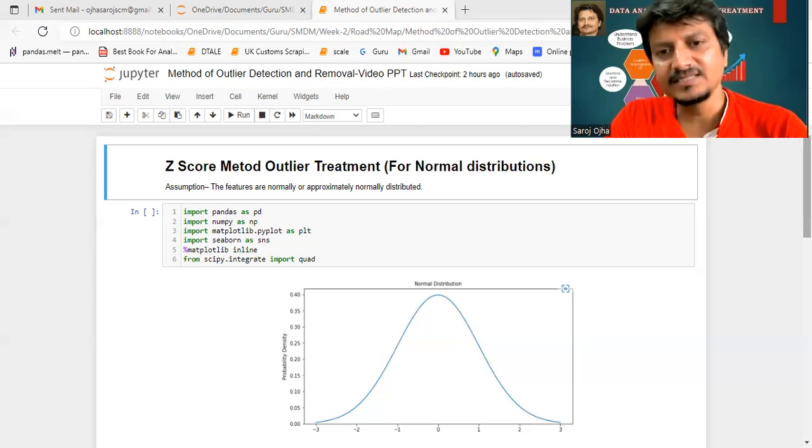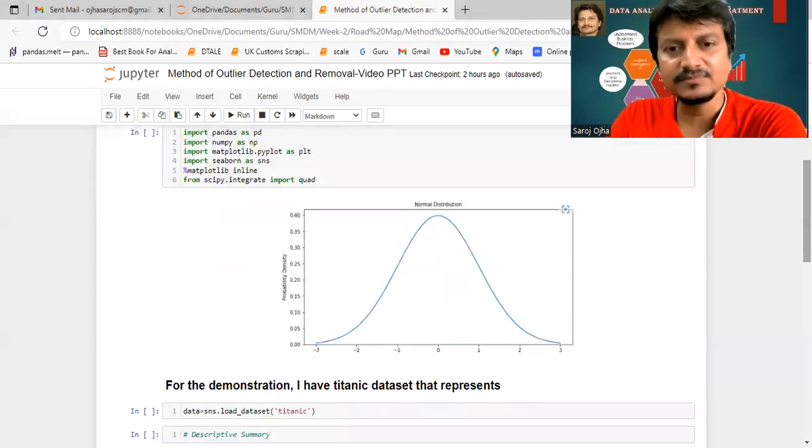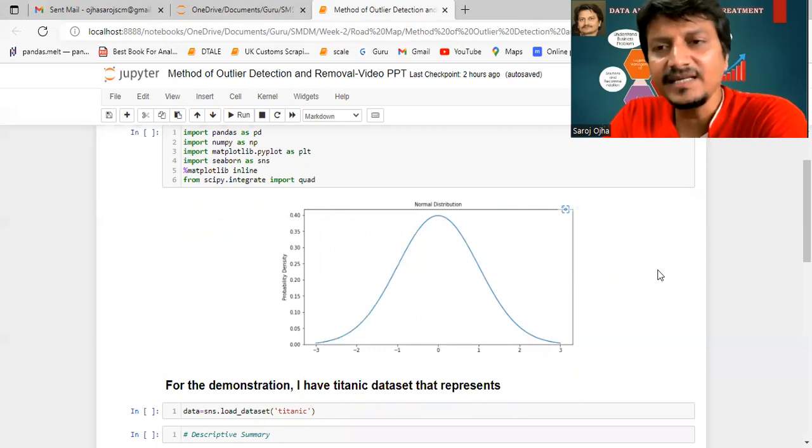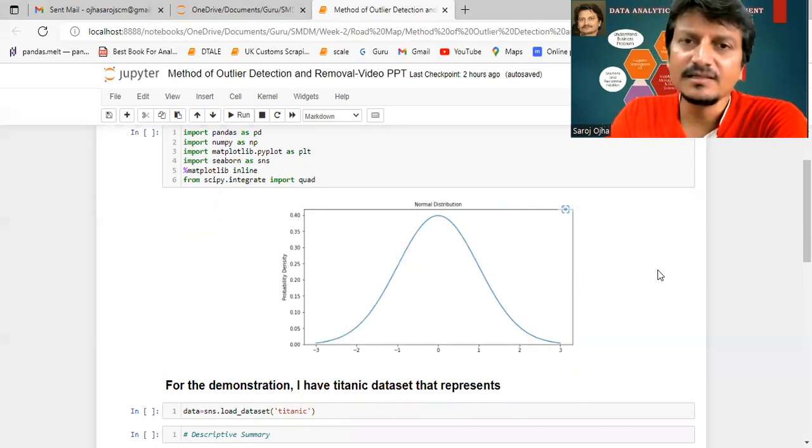Do you have an understanding of the normal distribution curve? In the case of Z-score, if data is more than plus or minus 3 standard deviations, that is treated as an outlier.